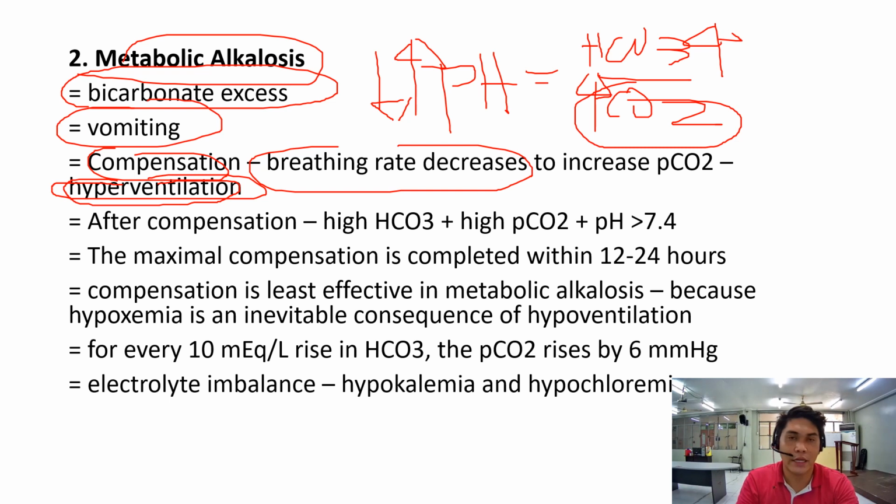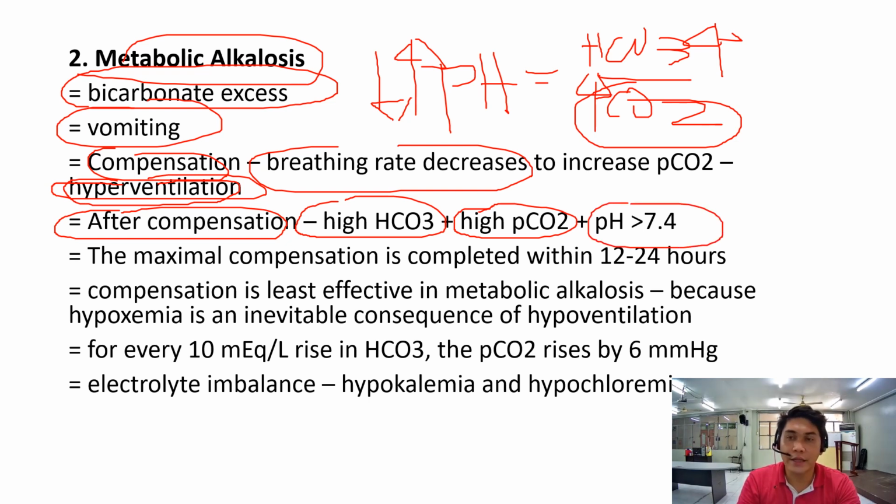After the compensation, there is high bicarbonate level. This is the cause of metabolic alkalosis. There is high PCO2 level. This is the compensation. And pH is greater than 7.4, but not greater than 7.45, so it's within the reference range. This is for fully compensated metabolic alkalosis.